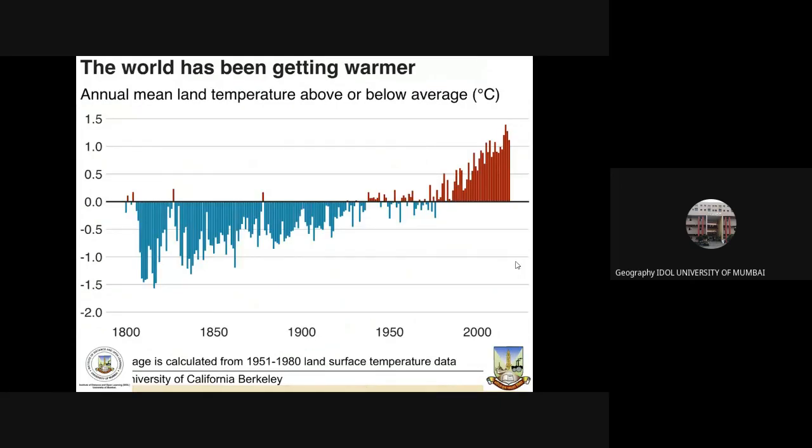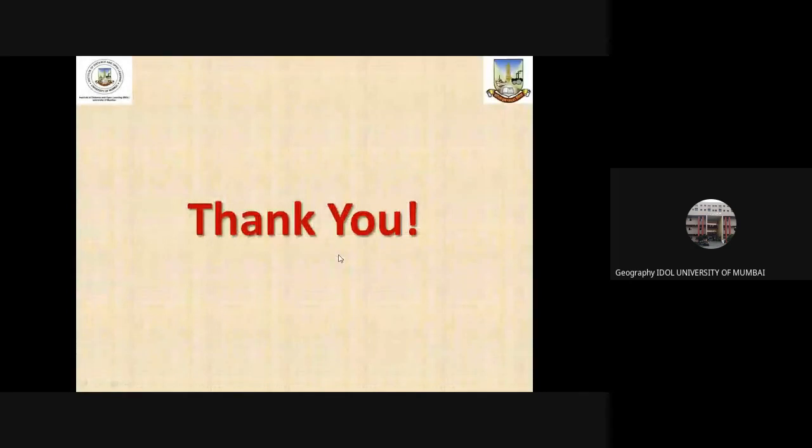And the world has been getting warmer and warmer, particularly after the 1990s. The amount of pollutants getting concentrated in the air has resulted in the increasing capacity of the lower atmosphere to absorb more heat, which is as high as 0.5 to 1 degree Celsius of temperature increase globally.